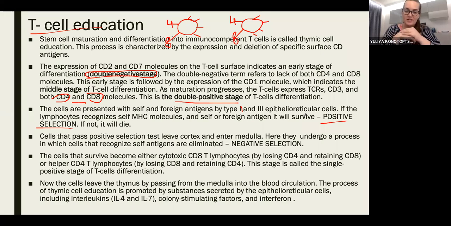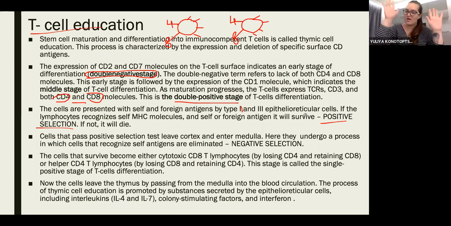In positive selection, the baby T lymphocytes are being introduced by type 2 and 3 epithelial reticular cells through the MHC2 molecules to the foreign antigen and the self antigen. And only those cells which recognize both are allowed to pass. They pass the positive selection.